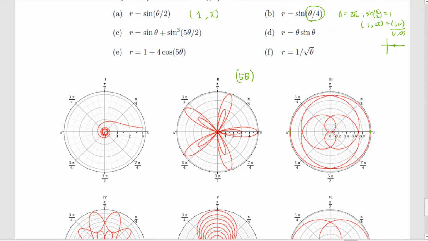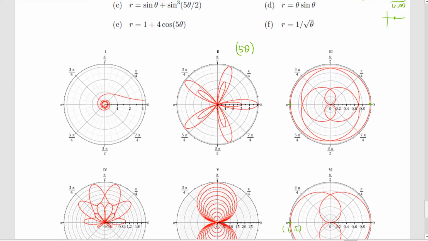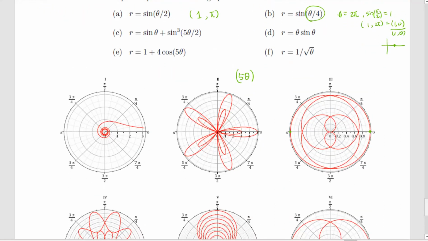So what's the difference? When I plug in pi in B, I get sine of pi over 4, which is root 2 over 2. So at pi the value is root 2 over 2. Right here, this is root 2 over 2.